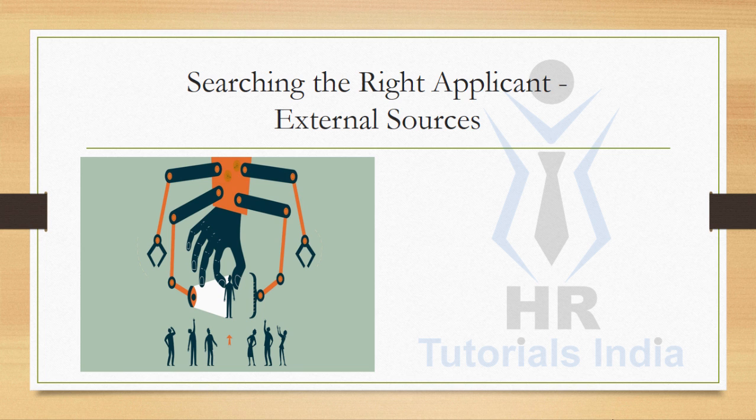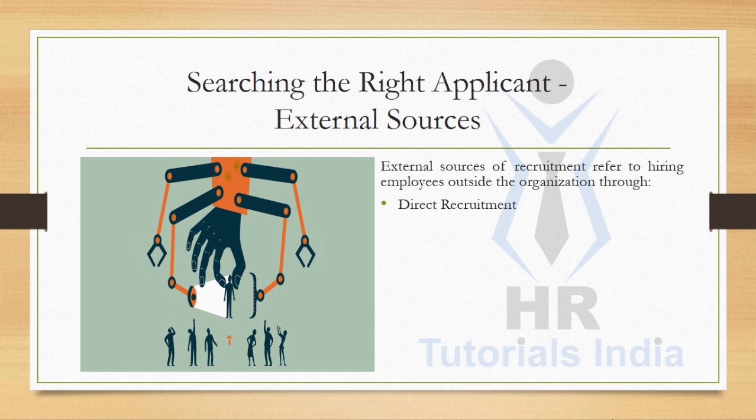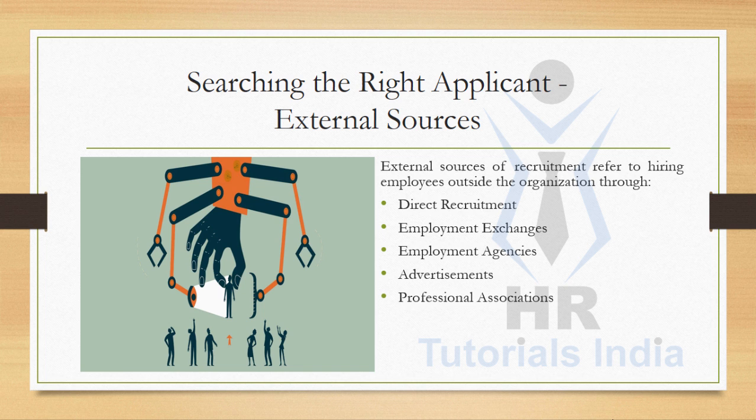Searching the right applicant through external sources. External sources of recruitment refers to hiring employees outside the organization through direct recruitment, employment exchanges, employment agencies, advertisements, professional associations, campus recruitment, and word of mouth.